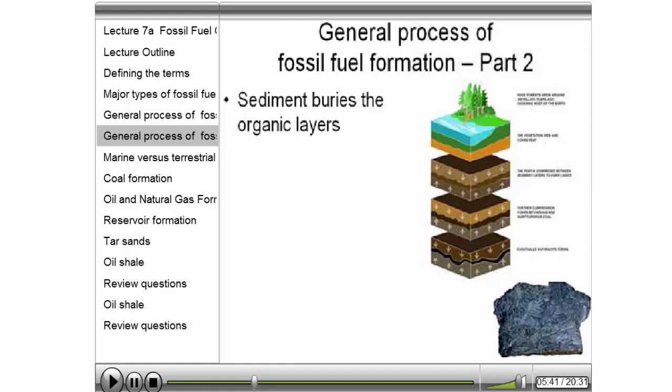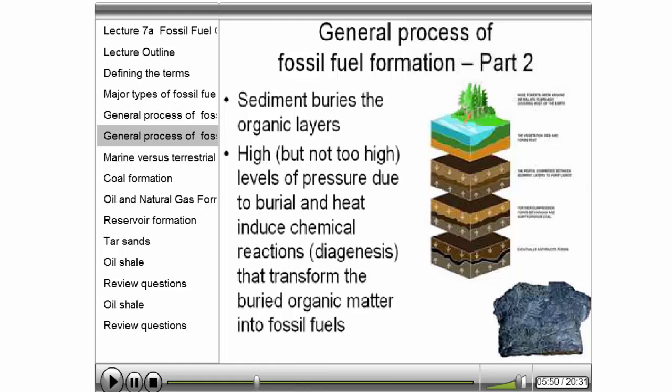Mineral soils or mineral sand, silt, clay type particles and rock fragments bury the organic layers, and eventually those layers undergo increasing pressure and temperature. And so you need high levels of pressure and temperature, but not necessarily too high, because if the temperature, for example, becomes too great, it can actually cook the organic matter beyond what would form the fossil fuels we're familiar with and concerned with here.